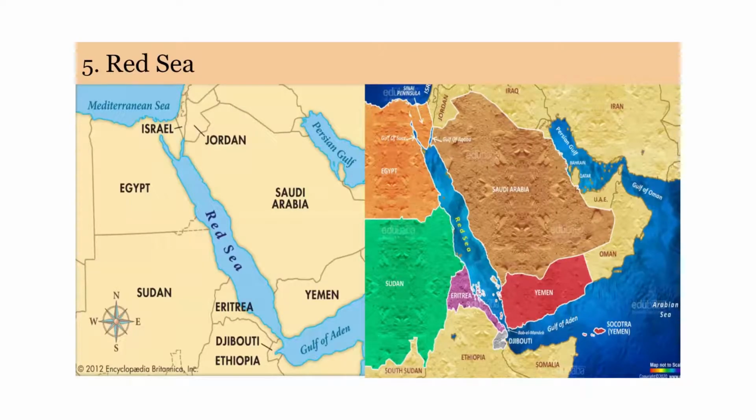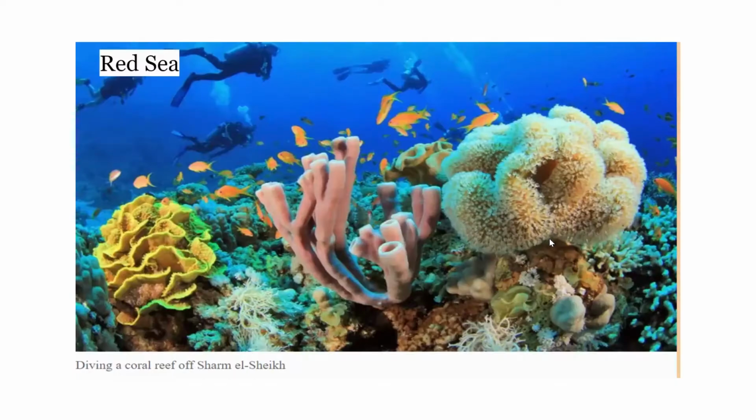The Red Sea is a salty sea. It is known as the Red Sea because of seasonal blooms of the red-colored cyanobacteria algae. It borders 6 countries, Yemen and Saudi Arabia to the east, Egypt, Sudan, Eritrea, and Djibouti to the west.